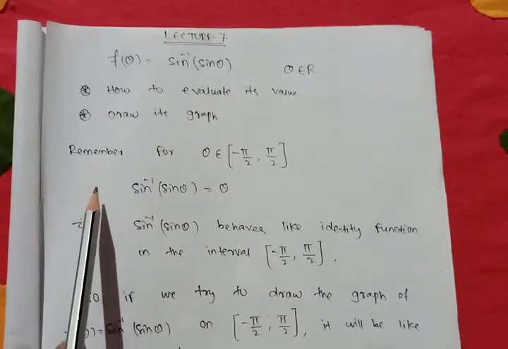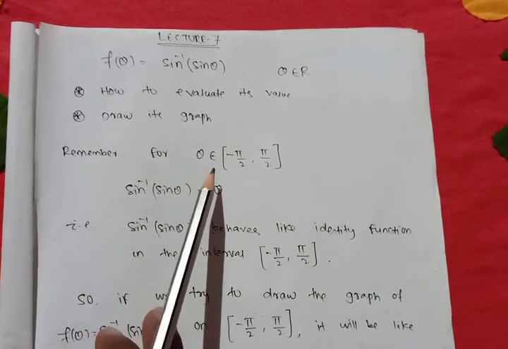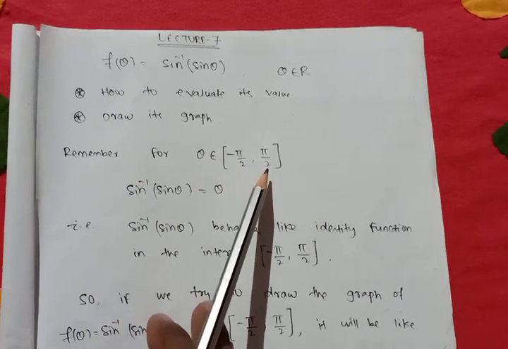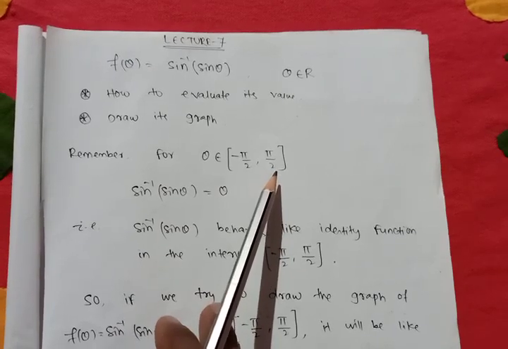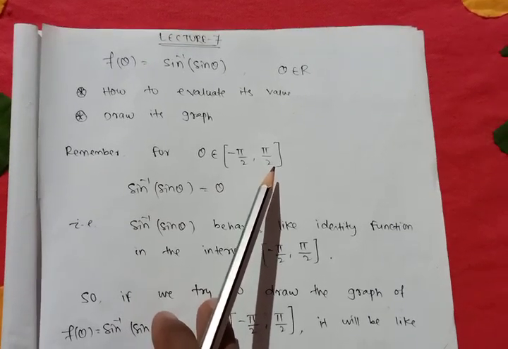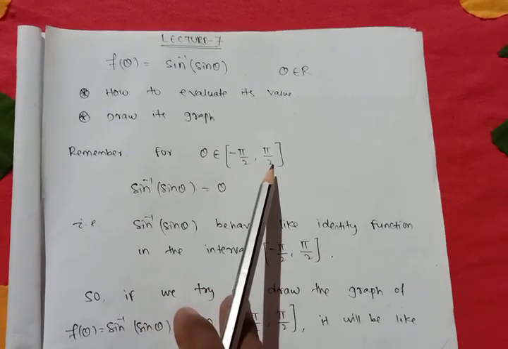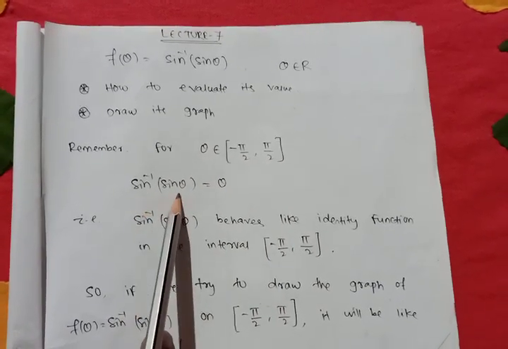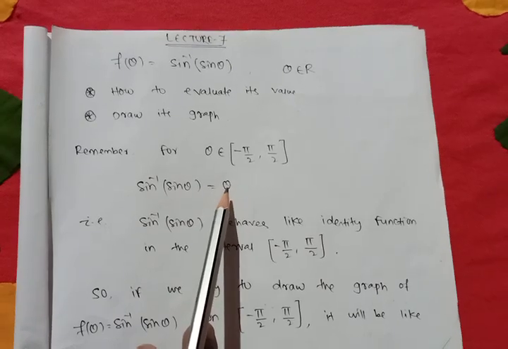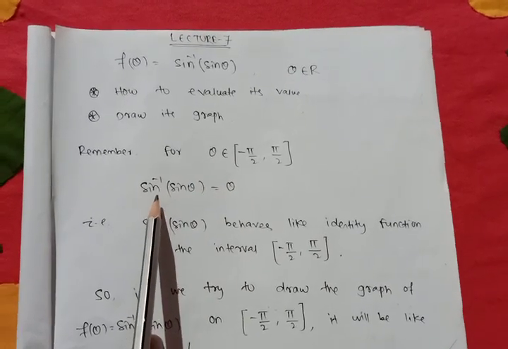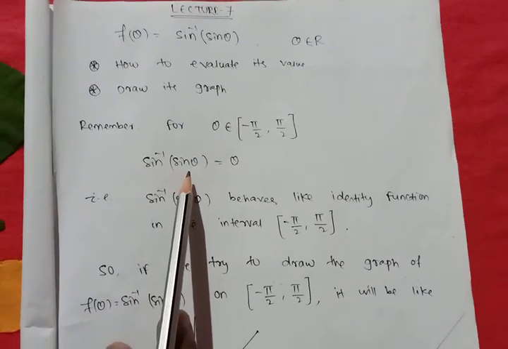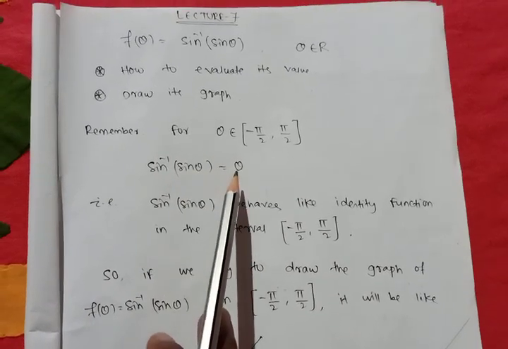Remember, if theta belongs to the interval minus pi by 2 to pi by 2, as it is known, this is the principal value branch of sine inverse function. So if theta belongs to this interval, then sine inverse sine of theta is equal to theta. The sine inverse and sine will cancel out, and we get theta.